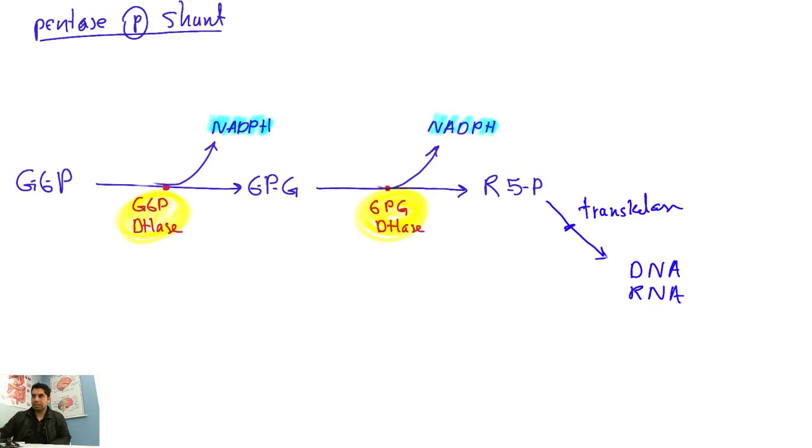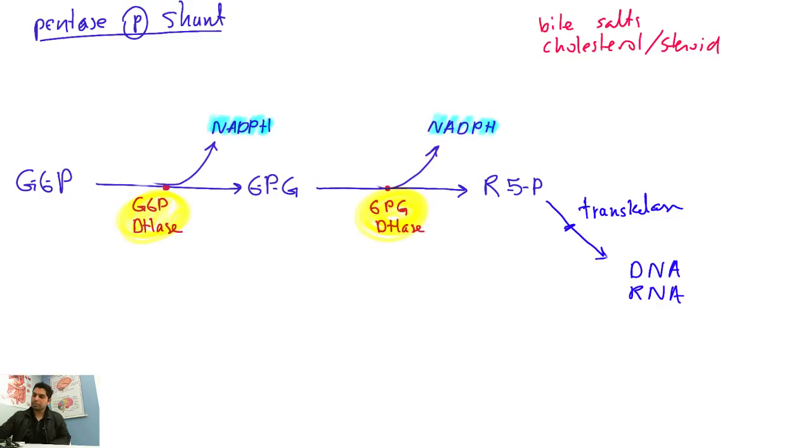Now, what's the big deal? NADPH is an anabolic molecule. It is needed by reactions that require a lot of energy. NADPH is a huge source of energy, much bigger than NADH. It's a high energy compound. So anabolic reactions require these guys. What are these anabolic reactions? When you make bile salts, cholesterol, steroids. Cholesterol and steroid are the same thing, right?